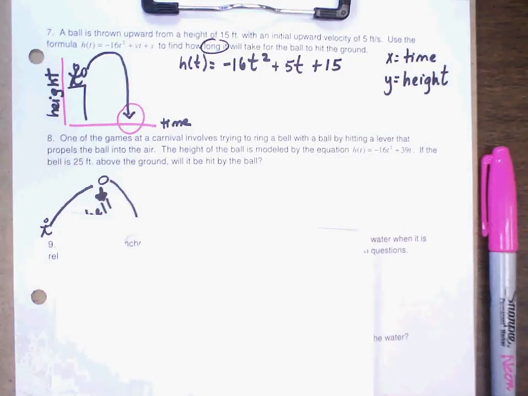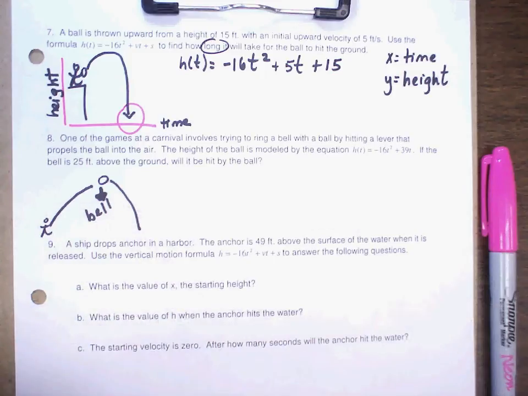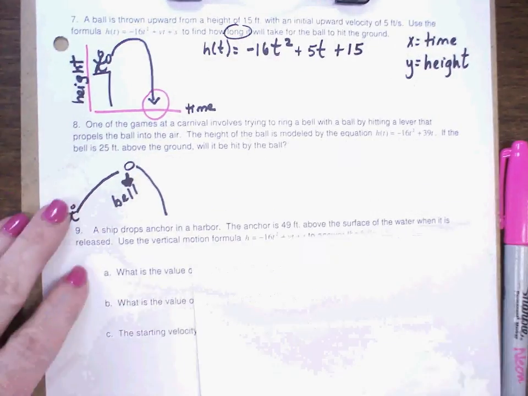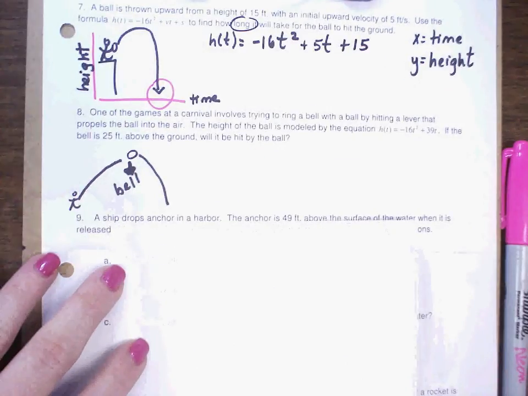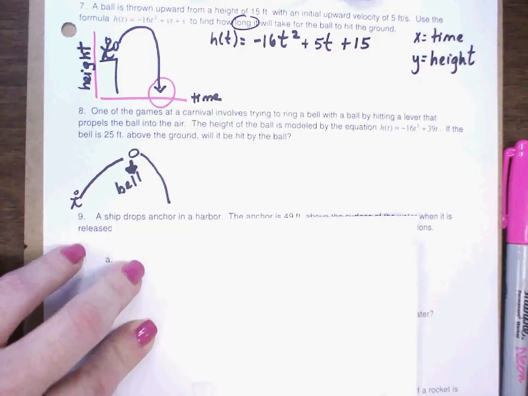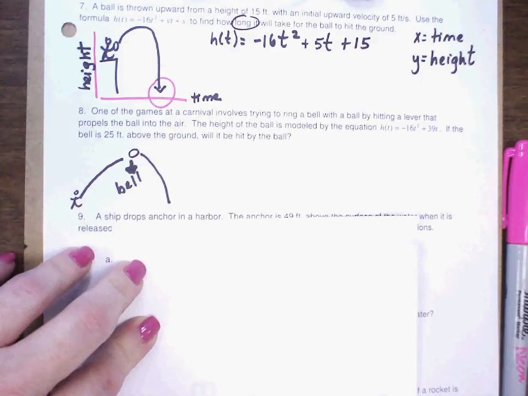Alright, so yes, we have to calculate the axis of symmetry. But what I want to know is, how do you know that it is the axis of symmetry and not, let's say, the zeros of the function? What does the axis of symmetry tell you?